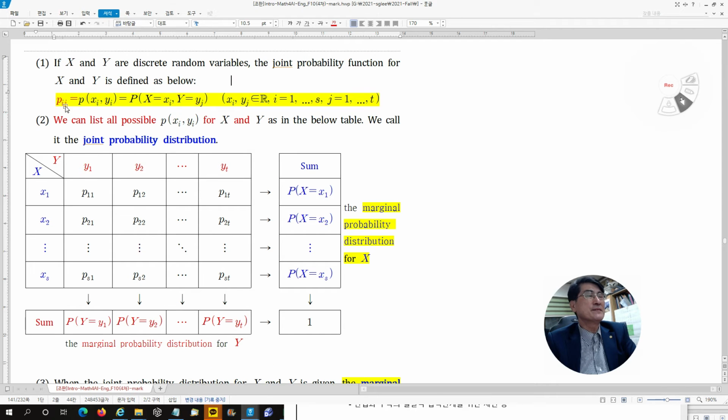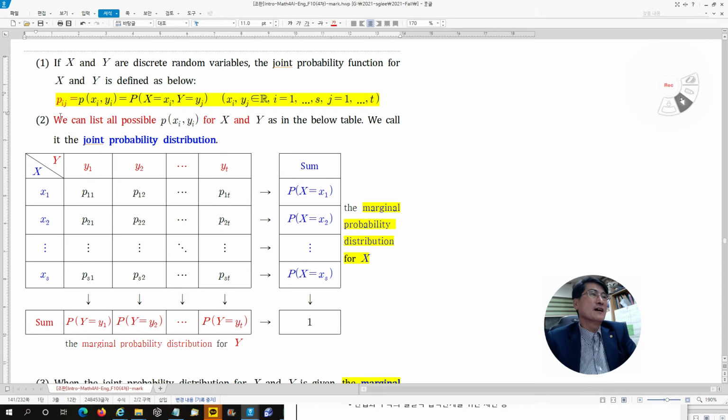P sub ij, the joint probability function, which is written as p of xi and yj, which is the same as P of X is equal to xi and Y is equal to yj. The probability when capital X is equal to little xi and capital Y is equal to little yj.